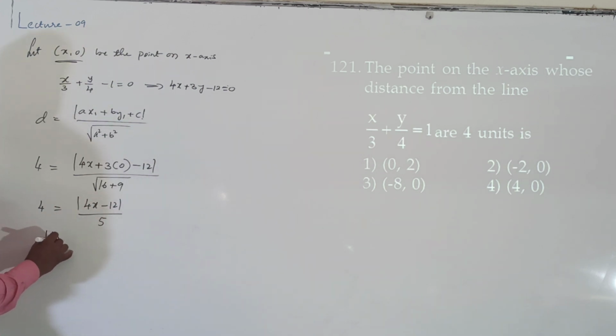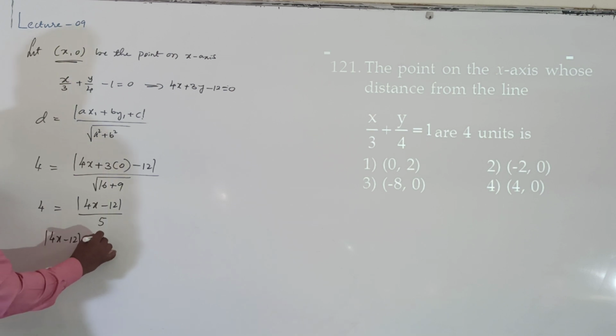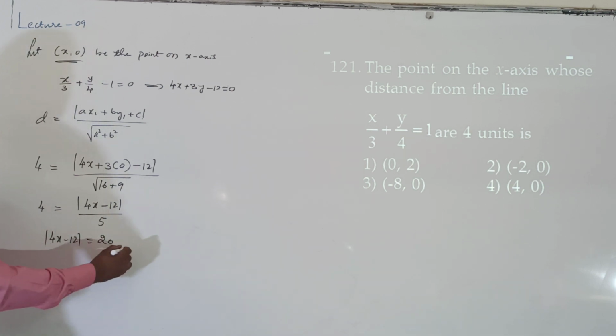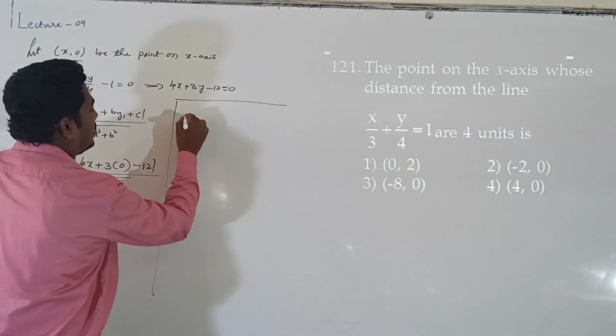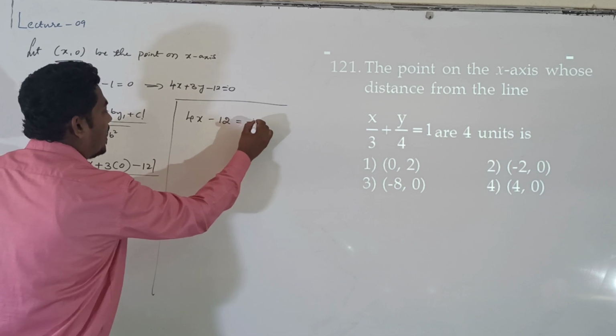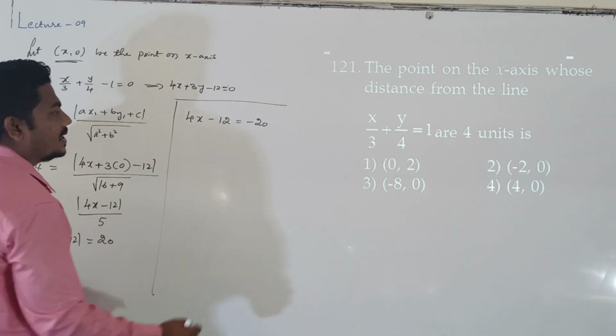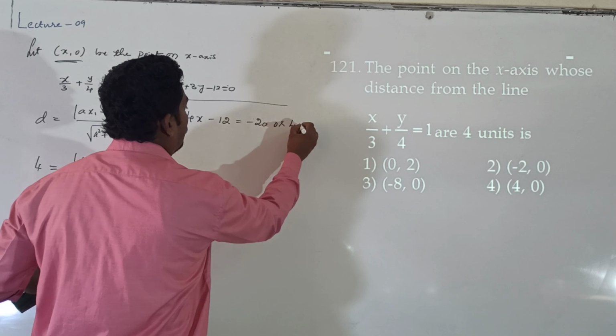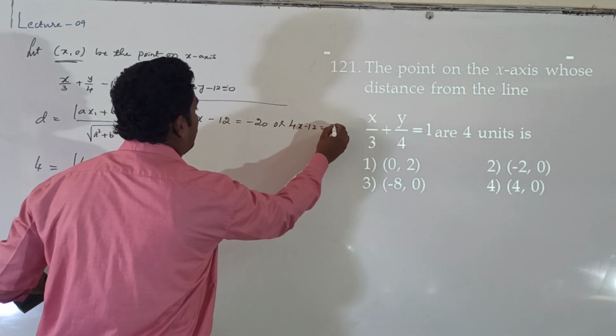Then modulus of 4x minus 12 is equal to 20. Modulus sign means both values are possible, right? That is 4x minus 12 is equal to minus 20, it is one possibility, or 4x minus 12 is equal to plus 20.